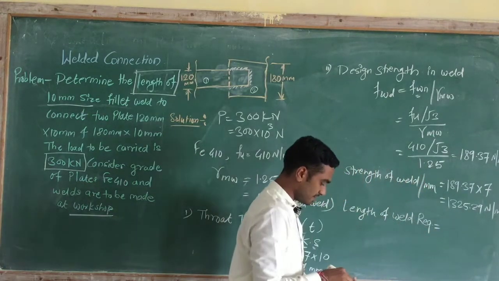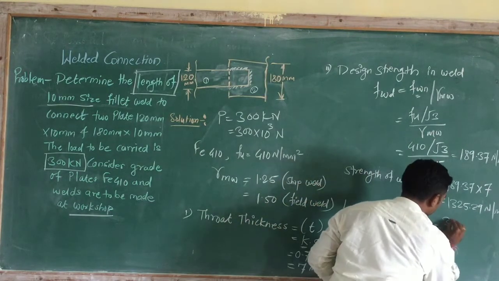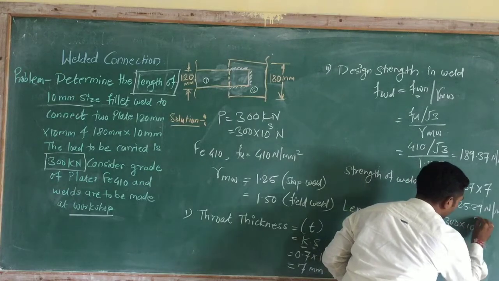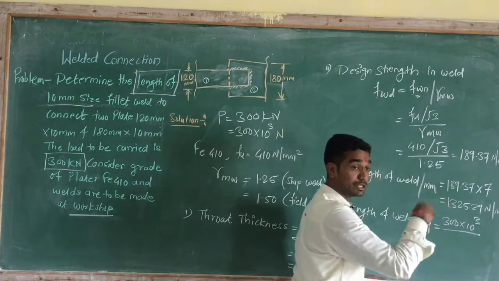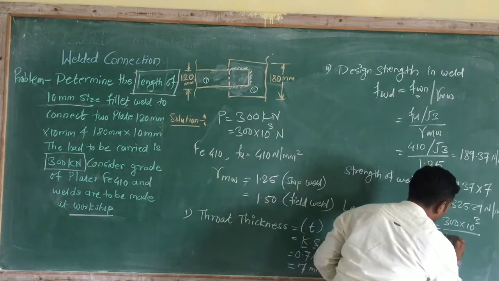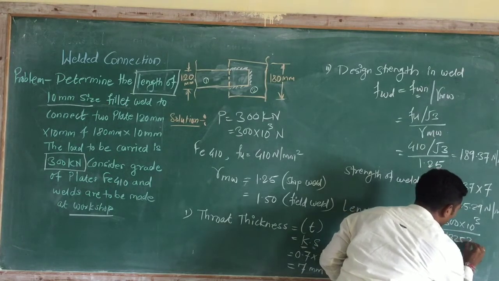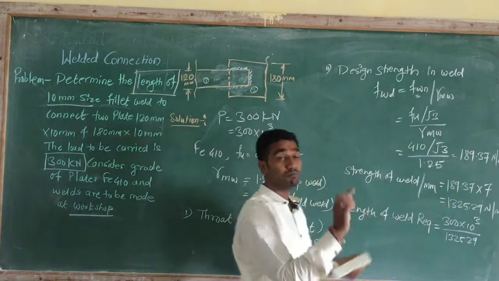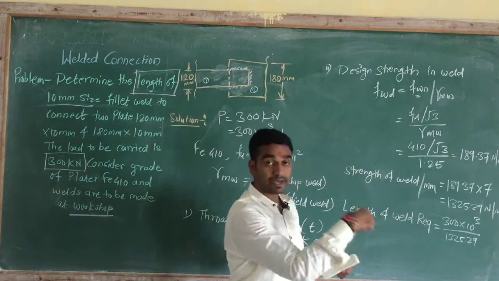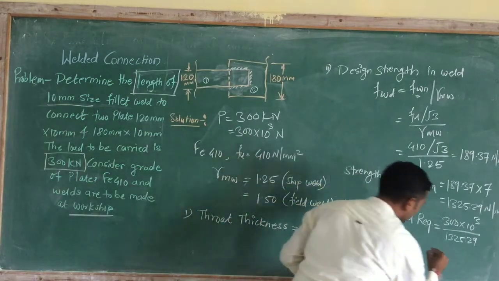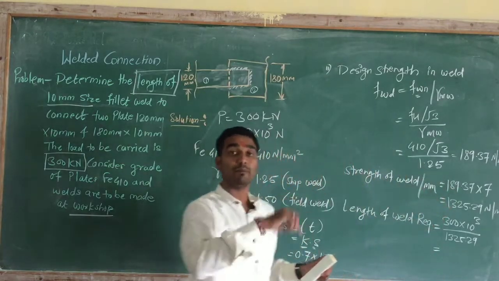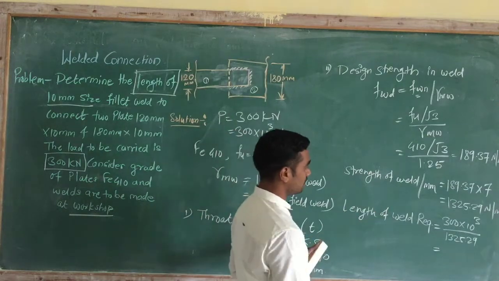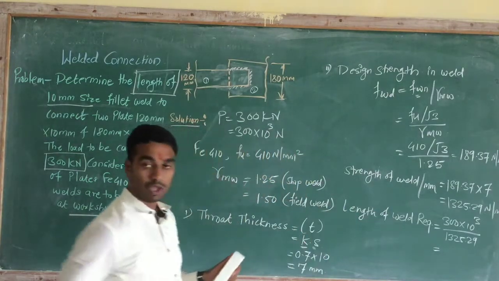Here load is given, 300 into 10 to the power 3, unit is newtons, divided by 1325.29 Newton per mm. So Newton gets cancelled and the unit remains mm. Calculate this value. What will we get?